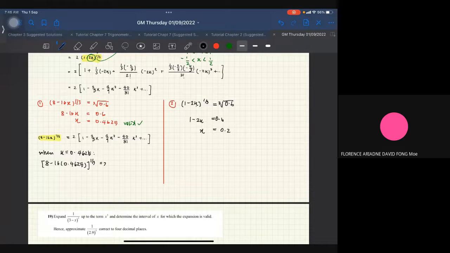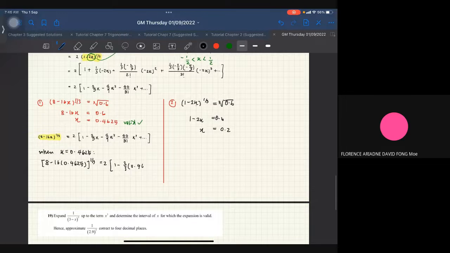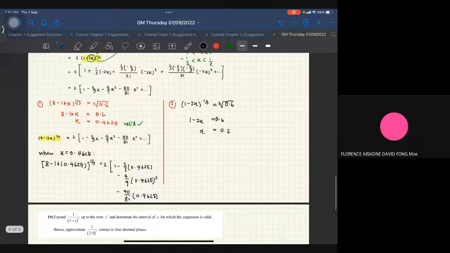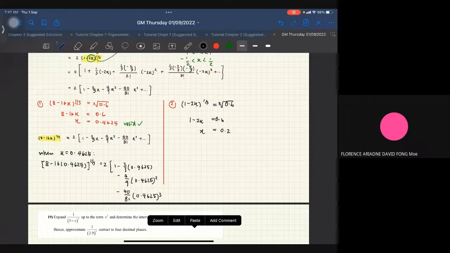Okay, and then yang belah kanan saya dapat 2 darabkan dengan 1 tolak 2/3 darab 0.4625, tolak lagi dengan 4/9 darab 0.4625 square, tolak lagi dengan 40/81 times 0.4625 cube. This one. Okay, settle.